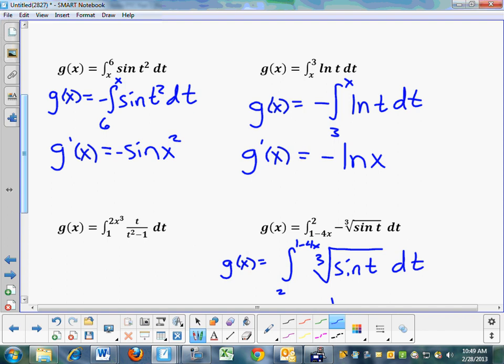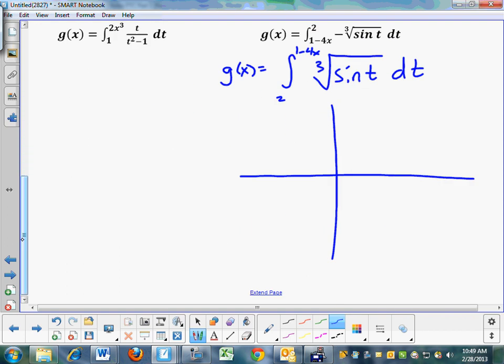So this one I applied the negative to the outside, and it carried right on with it. Okay. All right. So we write it out. Here I have the integral from 2 to t, cubed root, sine of t, dt. Yes, you could really put any variable you want there. It's a substitution variable.